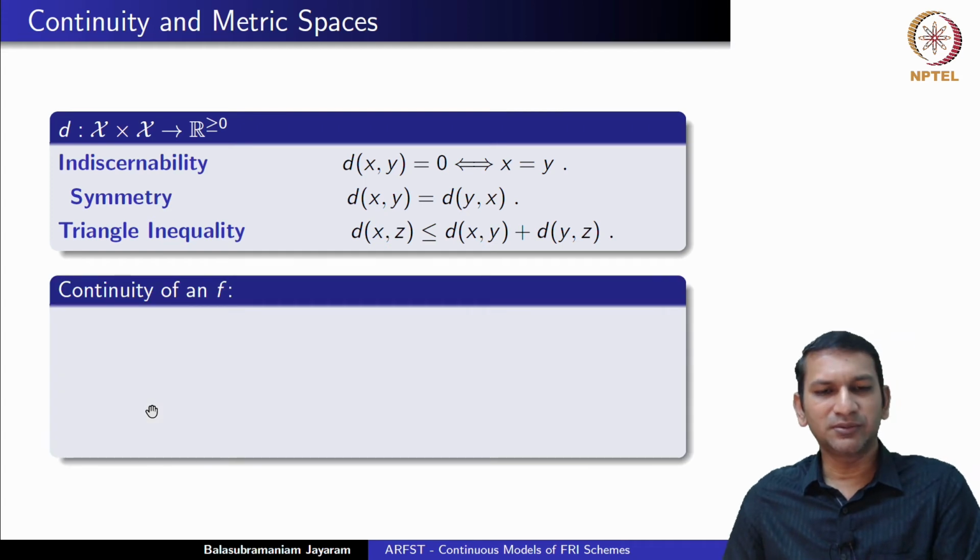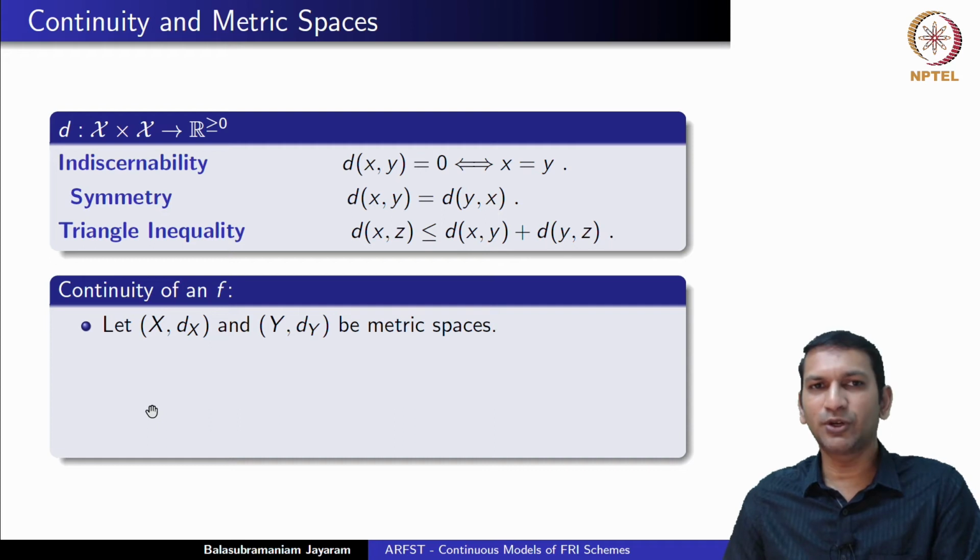Now with respect to metric spaces, if you look at a function f, if you want to talk about continuity of this function, then we need metrics both on the domain and codomain. So let's consider X and Y as the domain and codomain with metrics d_X and d_Y respectively.